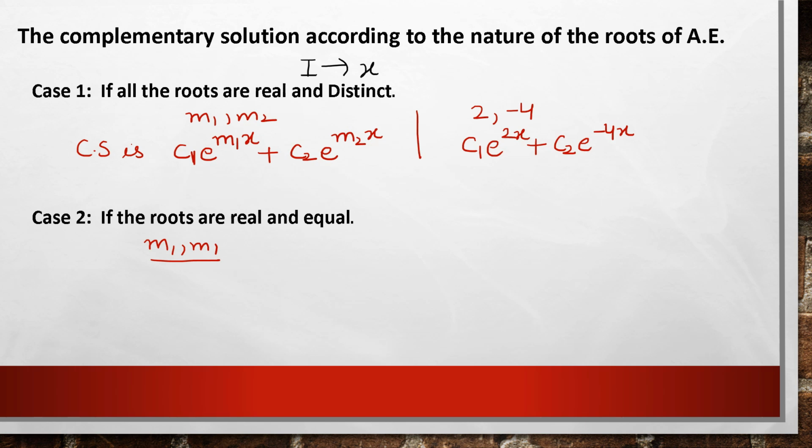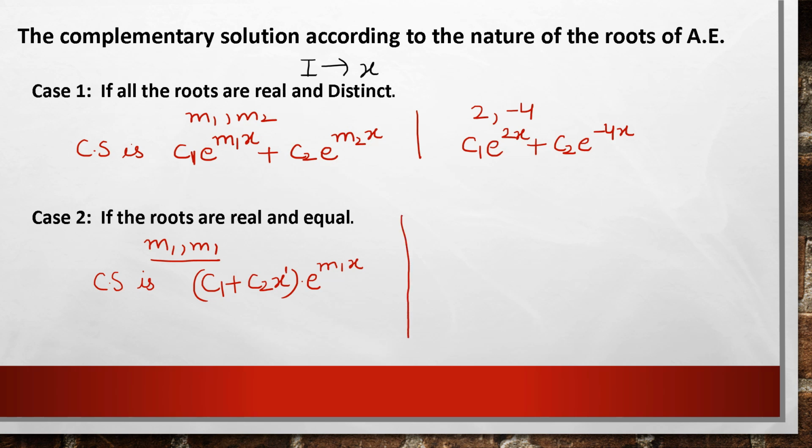Because m1 is repeating 2 times, we'll assign 2 constants corresponding to the single root m1, along with increasing powers of the independent variable. So the complementary solution for this case will be c1 plus c2 x, see, I have increased the power of x, into e power this root m1 into the independent variable x.